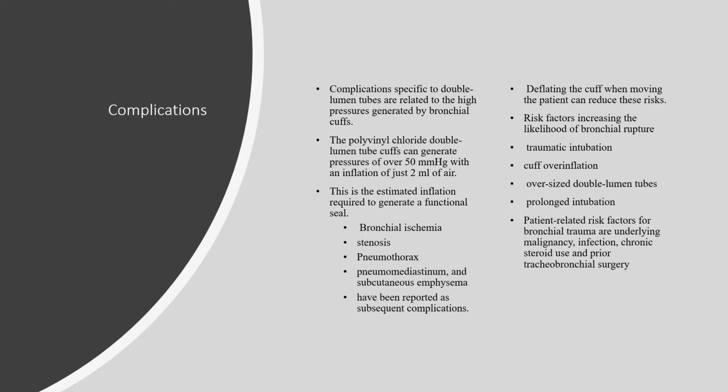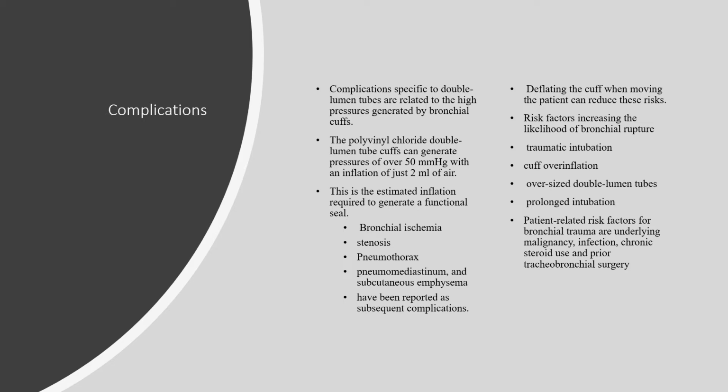With that happening, it can cause bronchial ischemia, stenosis, and end up causing a pneumomediastinum, and subcutaneous emphysema have been reported as subsequent complications. So deflating the cuff when moving the patient can reduce the risks.